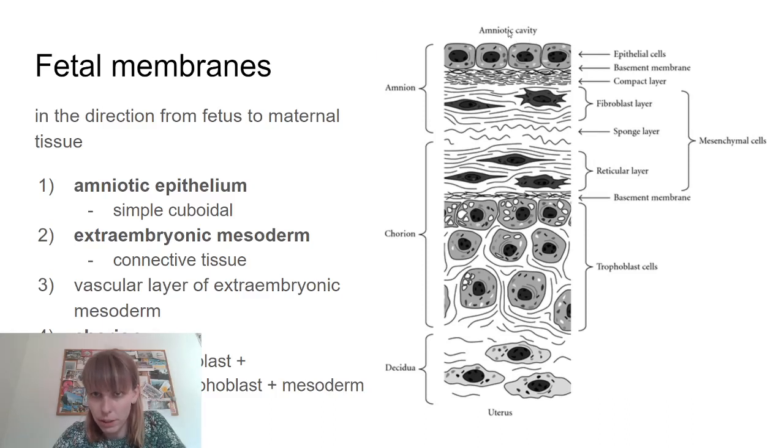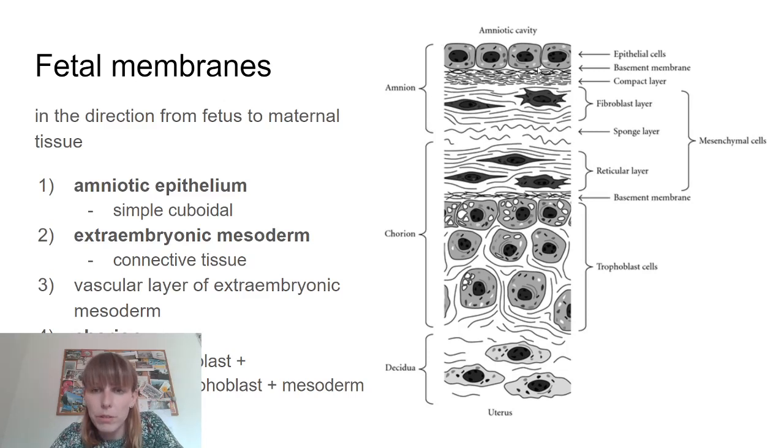So we have the fetus in the cavity, and the cavity is lined with amniotic epithelium. So you have the same epithelium as the one lining the umbilical cord that we saw, with a little bit of extracellular matrix underneath it. So this would be the amniotic epithelium, and then a little bit of connective tissue.